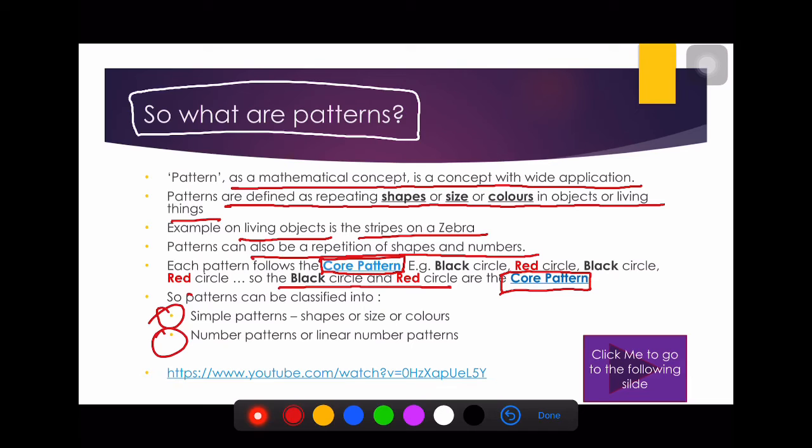Simple patterns are those which involve shapes or sizes or colors. And number patterns involve numbers, or what we call linear number patterns. You can watch the YouTube video here which explains what patterns are.